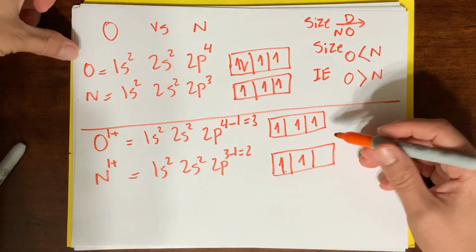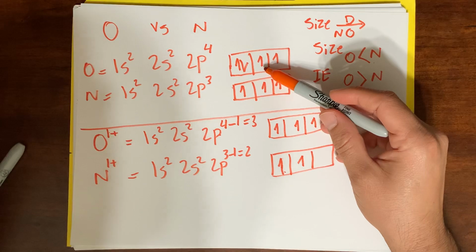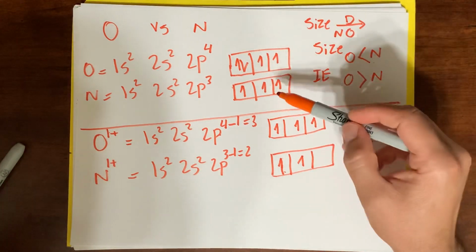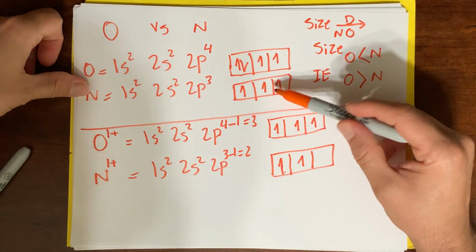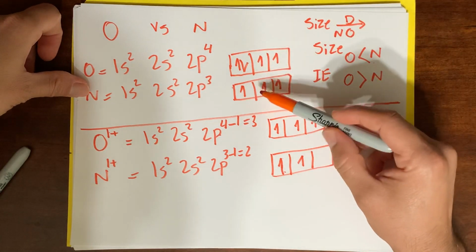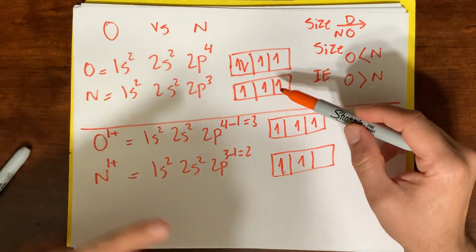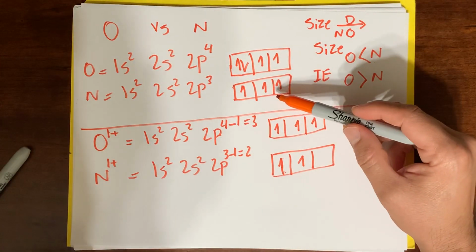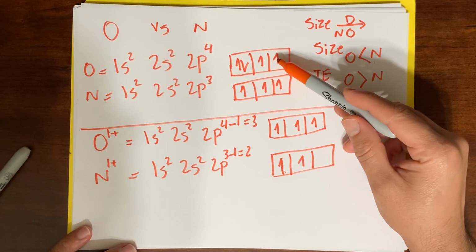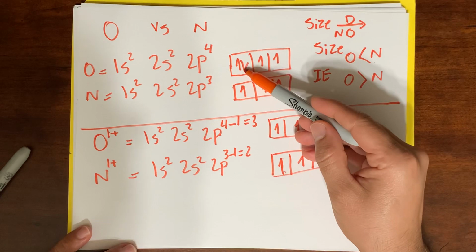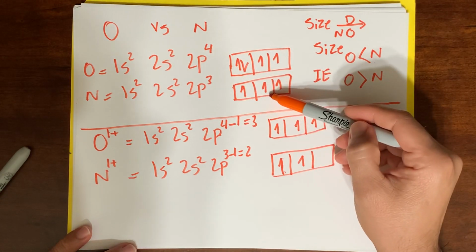So let's look at the last orbital. The last orbital is either full or half occupied. This one is half occupied for nitrogen. So there is a symmetry. All these orbitals are half occupied. And we said in quantum mechanics, this is going to be a really stable orbital. When we take 1 electron from oxygen, we're going to take the electron that is pointing down, and we'll turn it to be like nitrogen.